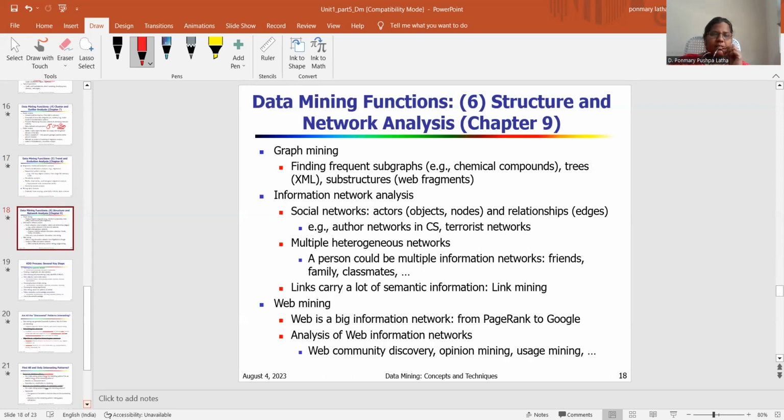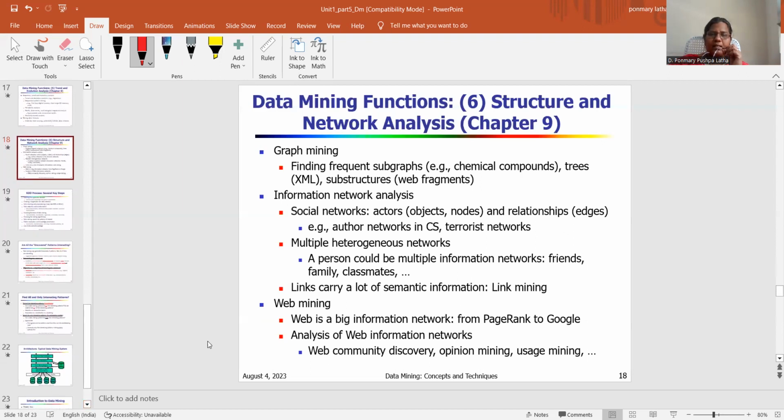The next one is structure and network analysis. You can go with graph mining, mining the data in the graph, and also social networks. You can do social network analysis and information network analysis, and you can even find terrorist networks. You can also mine the web using page ranking.